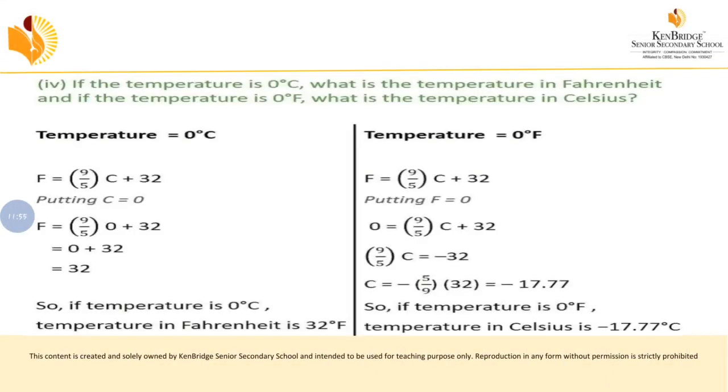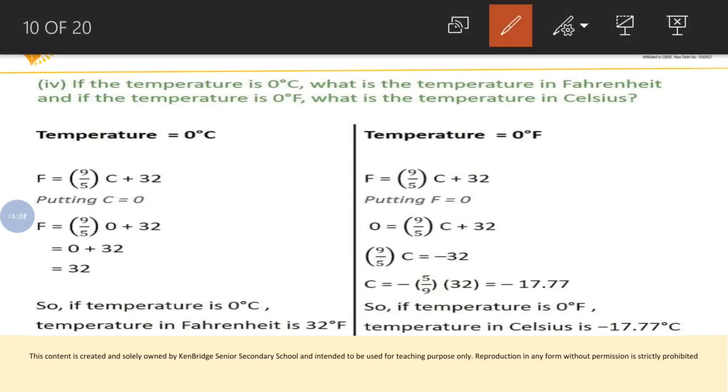Fourth subdivision. If the temperature is 0 degree Celsius, what is the temperature in Fahrenheit? And if the temperature is 0 degree Fahrenheit, what is the temperature in Celsius? So first, instead of C, you have to mention 0 and find the value of F. And for the second one, instead of F, you have to assume 0 and find the C value.